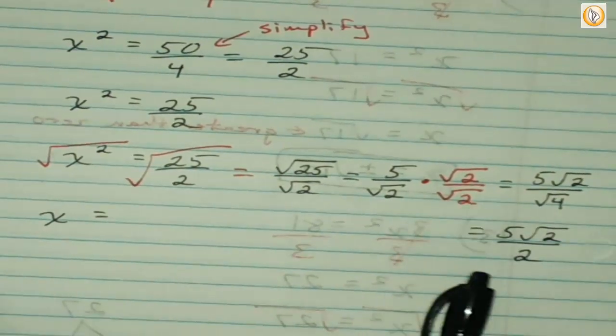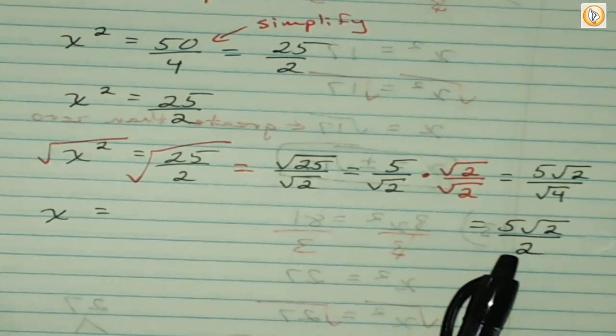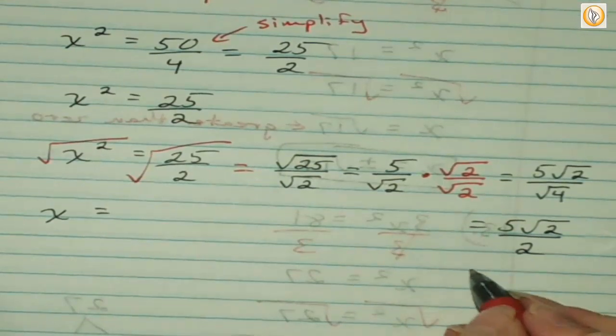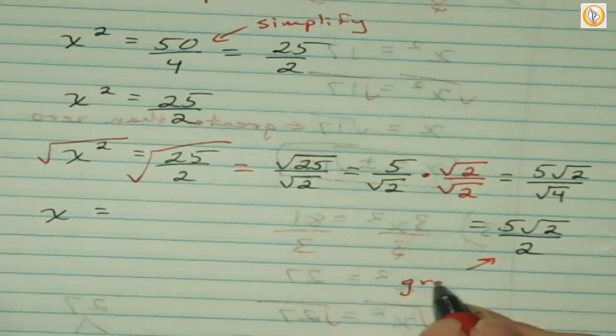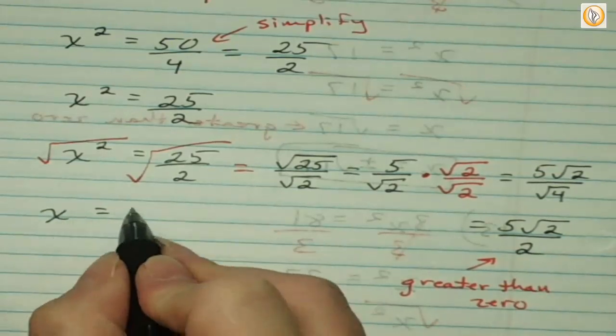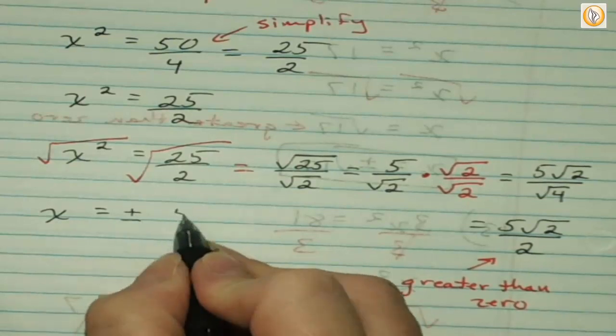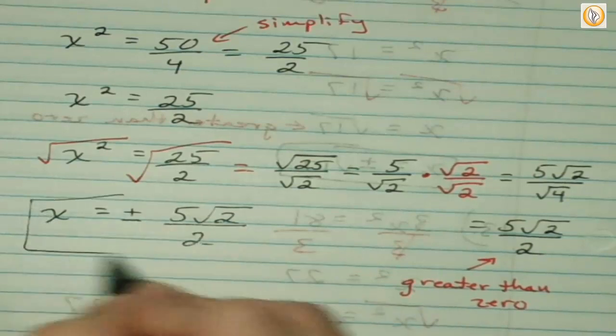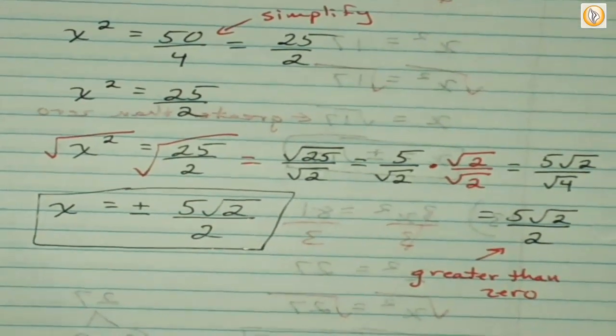All right, is this right here greater than 0? Yep. So therefore your answer is x equals positive and negative 5 times square root of 2 over 2. And there's your answer.